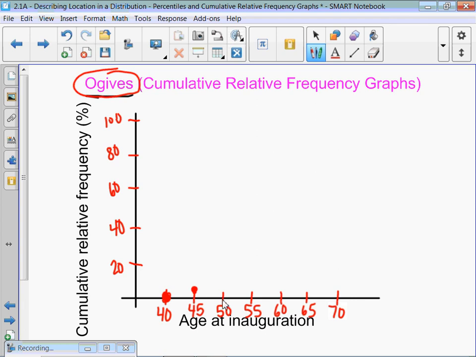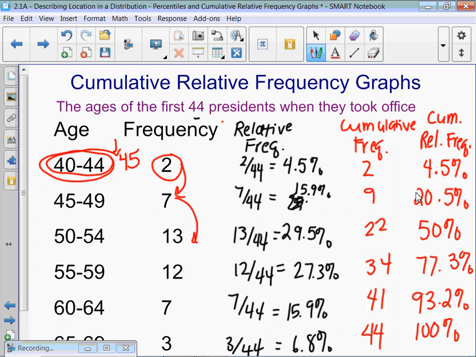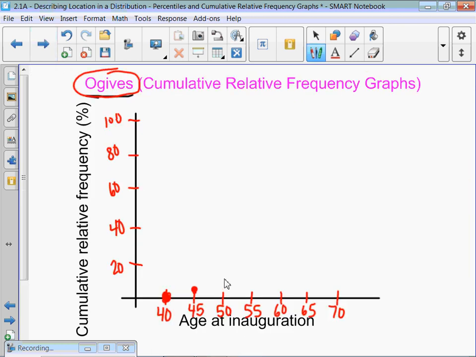Okay, 50 represents presidents under 50, cumulative. So that would be 20.5% who are under 50. We're adding all of them together. 9 of them are under 50. So 20.5%. Okay, 55 is the number under 55 percentage, and that was 50%.